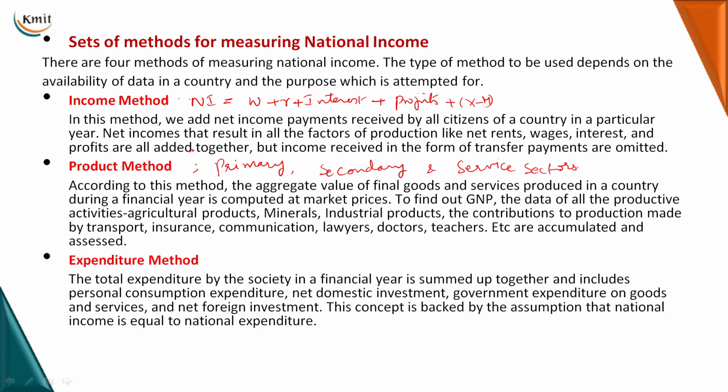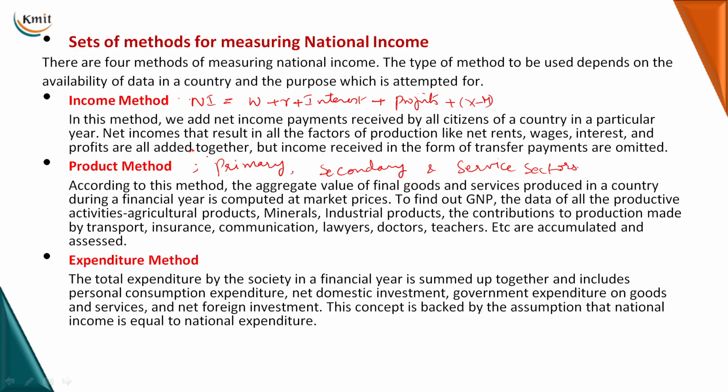Next one is expenditure method. Under this expenditure method, the total expenditure that is summed up together by the society is considered here. This concept is backed by the assumption that the national income is equal to national expenditure.